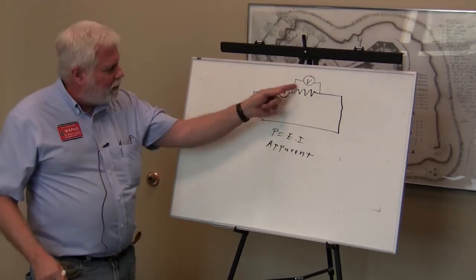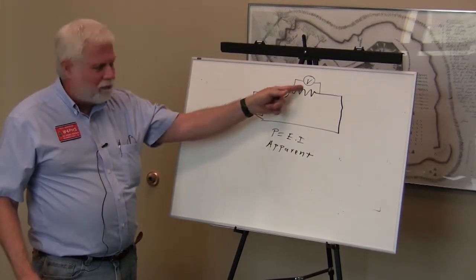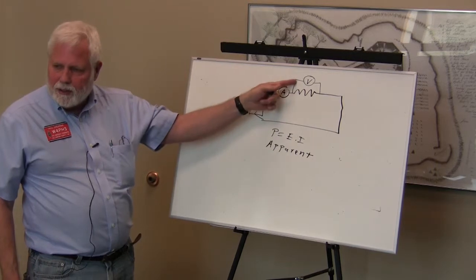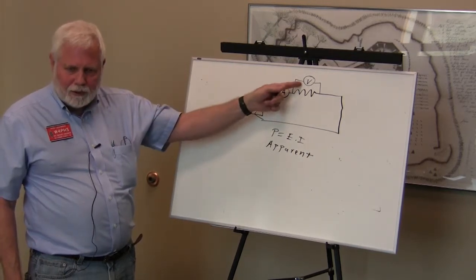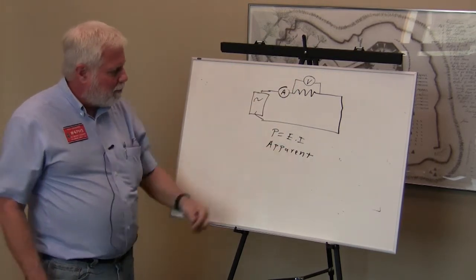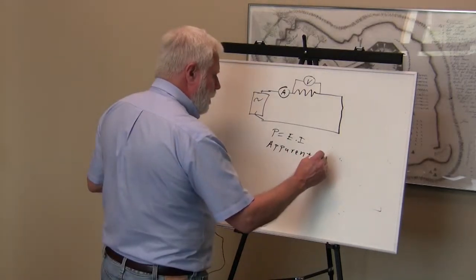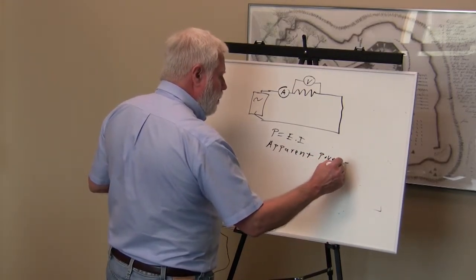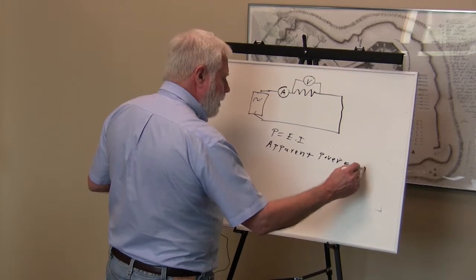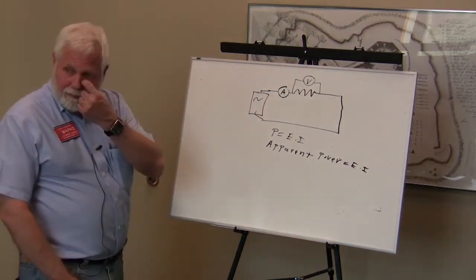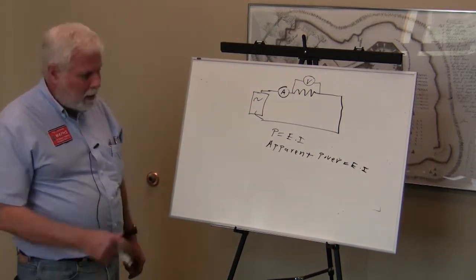Notice we didn't do anything here to measure the phase difference between voltage and current. We just measured how much current and how much voltage there were, and multiplied them. That's called apparent power, which is equal to E times I without accounting for phase shift. Simply the product of them.